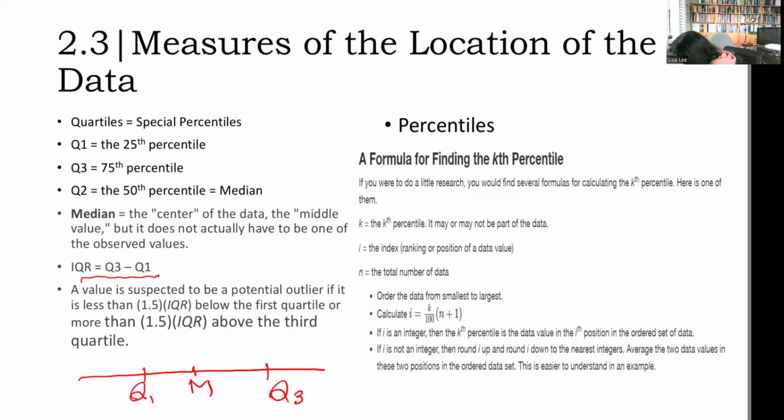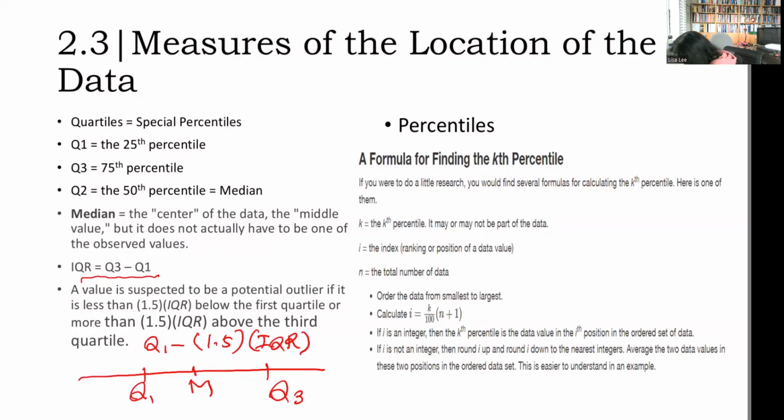After you apply the 1.5 times the IQR rule, you will have Q1 minus 1.5 times the IQR to find out what this range is here.